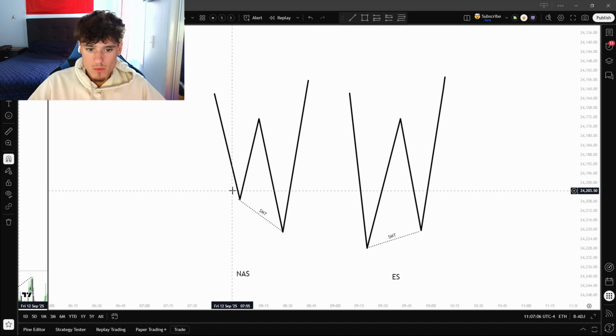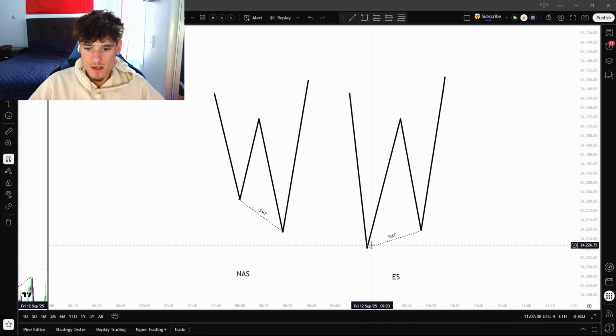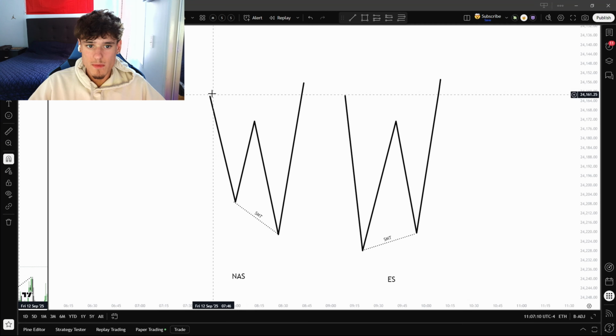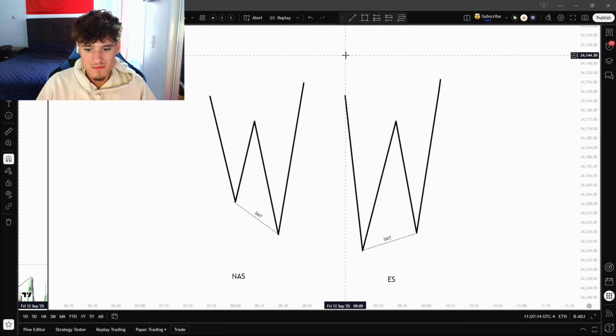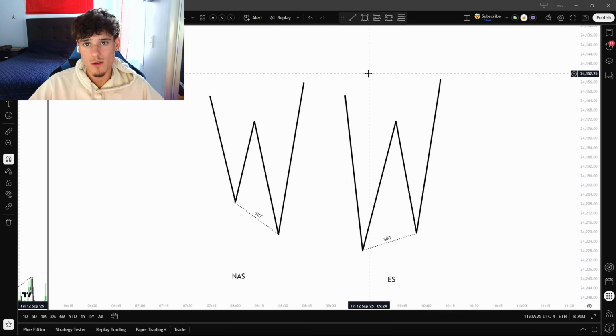For example, when we have an SMT going to the downside, it's coming from bearish momentum to bullish momentum. So it's very simple. It's just two correlated assets. One makes a low to a high, one makes a high to a low. Automatically, SMT is placed, and you can look for the opposite direction of the market.